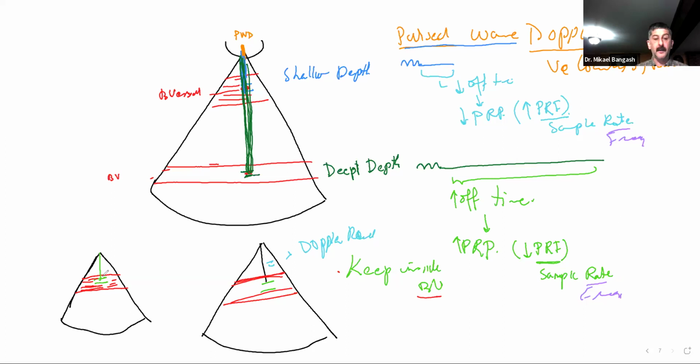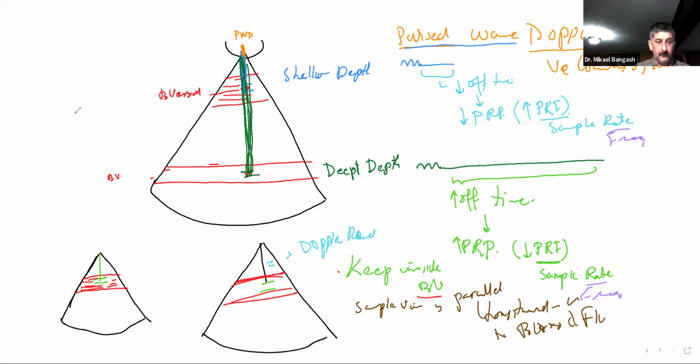So the other thing you have to make sure of is that the sample window or volume is parallel, or we can say longitudinal, to the blood flow. So the blood flows like this. Why?